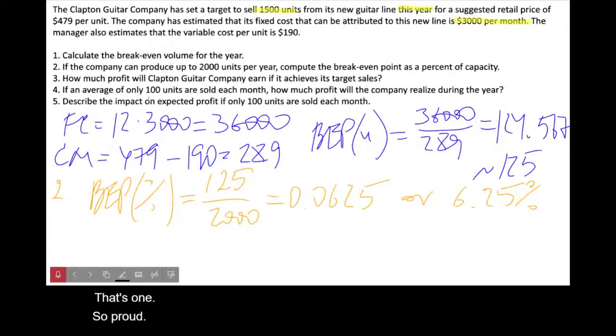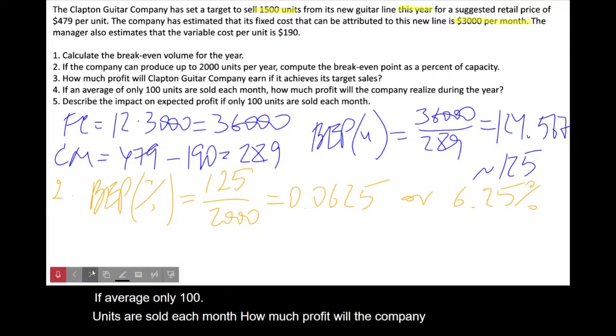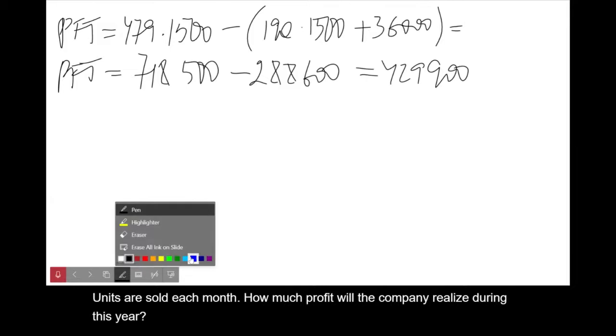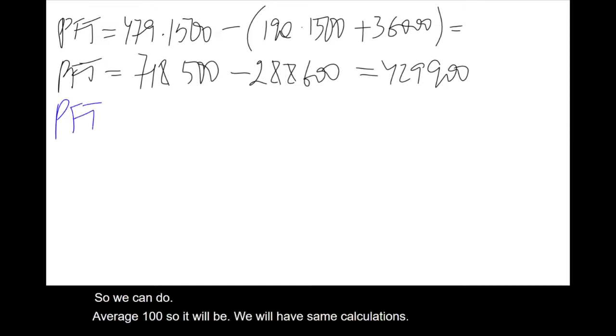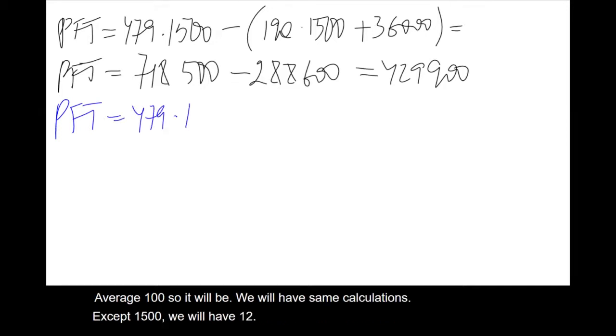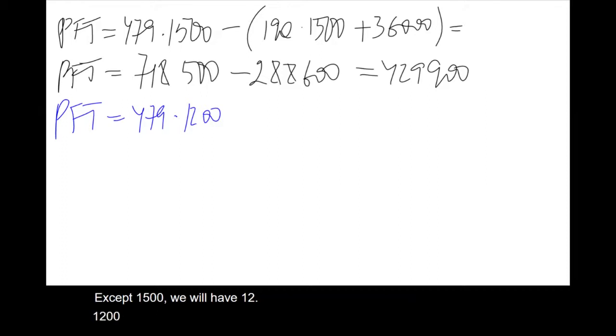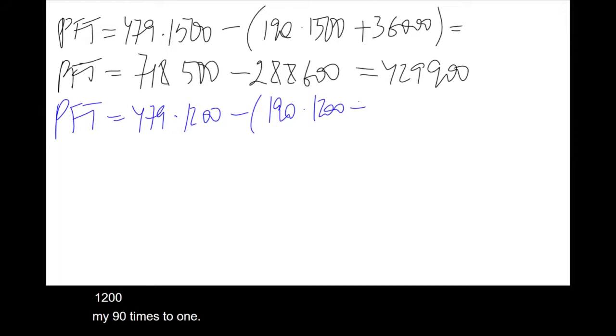If on average only 100 units are sold each month, how much profit will the company realize during this year? So we will have the same calculations, except instead of 1,500 we will have 1,200. 479 times 1,200 minus 190 times 1,200 plus 36,000.